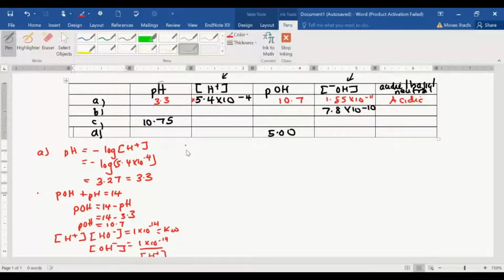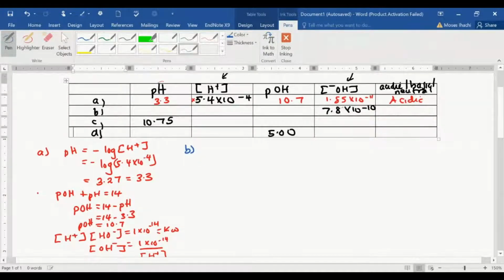So for B, we are given the concentration of the base. We know that the concentration of the base times the concentration of the acid is 1 times 10 to the power minus 14. So I will need the concentration of the acid to find pH and also to fill this part here.